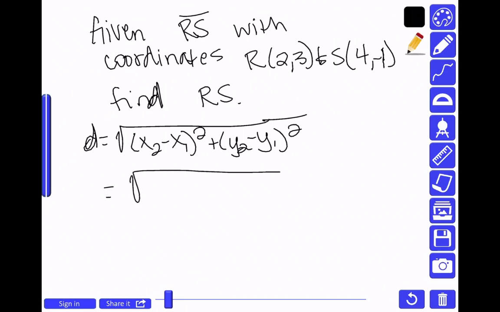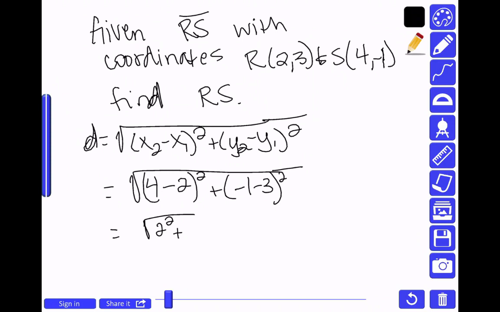So the square root of x2 is 4 minus 2, and that quantity is squared, plus -1 minus 3, and that quantity is squared. So 4 minus 2 is 2, so this is 2 squared, plus -1 minus 3 is -4, squared, which looks like this, -4 squared.